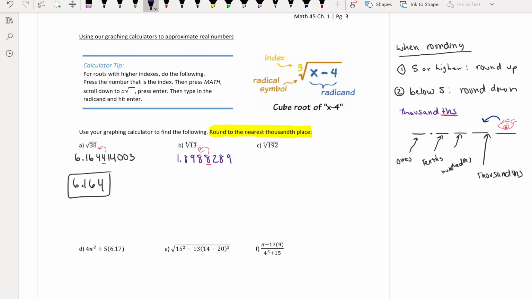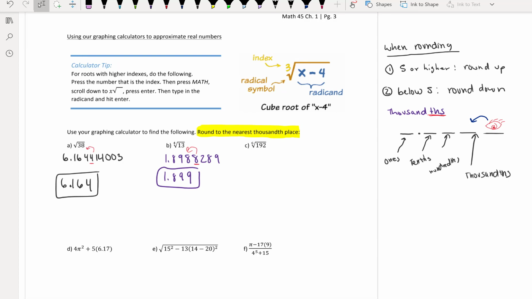That tells me I'm going to round up. So I'm going to bump up that thousandths place. I'm going to rewrite it as 1.89. This digit of 8, I'm going to bump it up to 9. So it's 1.899. Maybe I'll write that a little bit nicer. There we go. So 1.899 when rounding to the correct thousandths place.